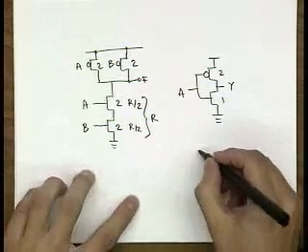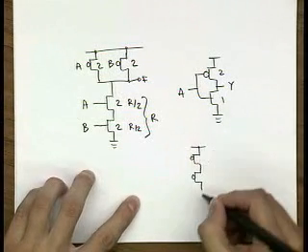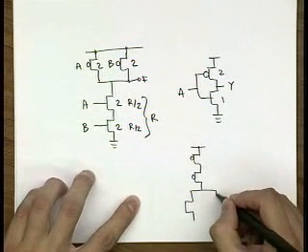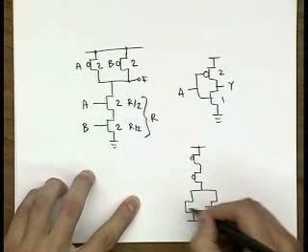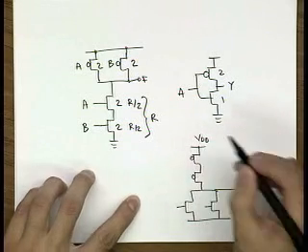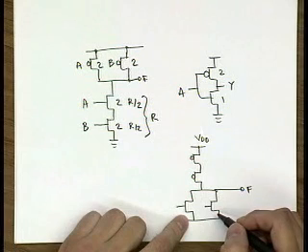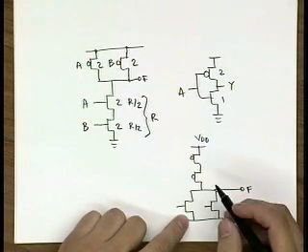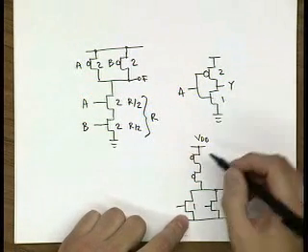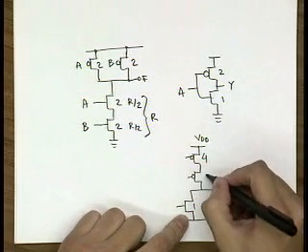How would you do the NOR? If you have a NOR, how would you size these two then? One on both sides, correct. And then for the pull-up, 4, correct.